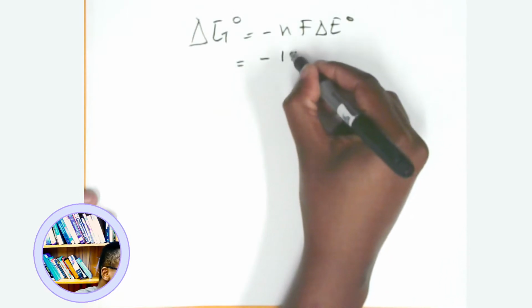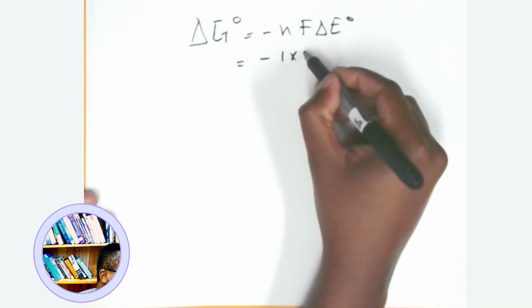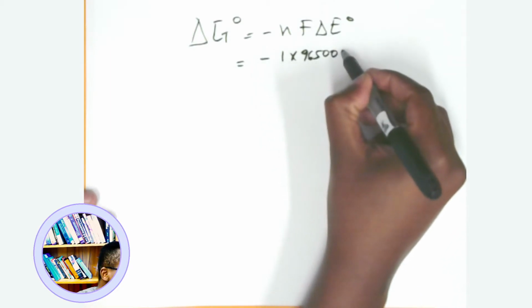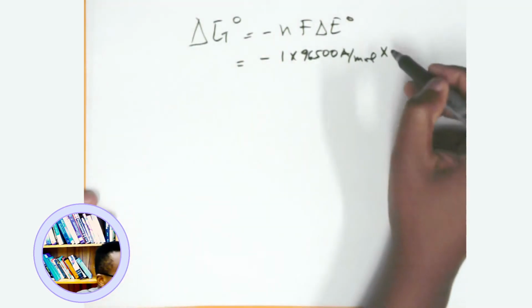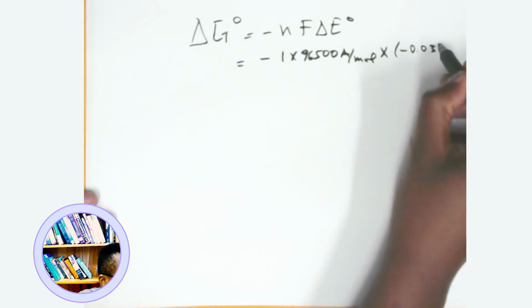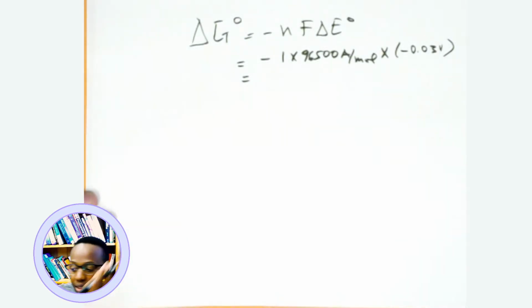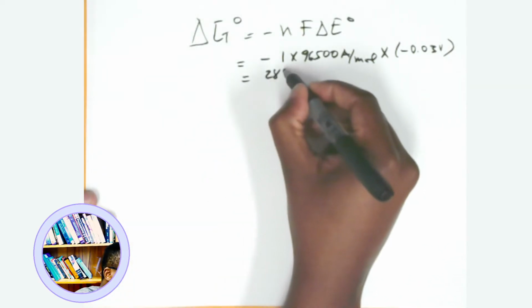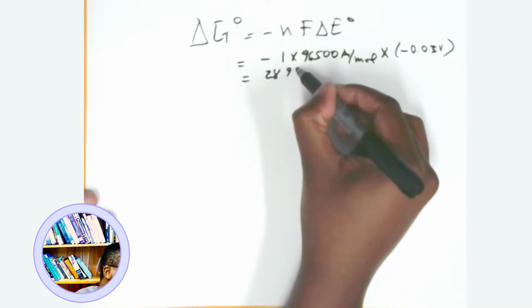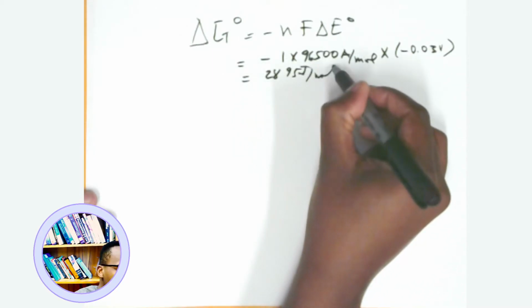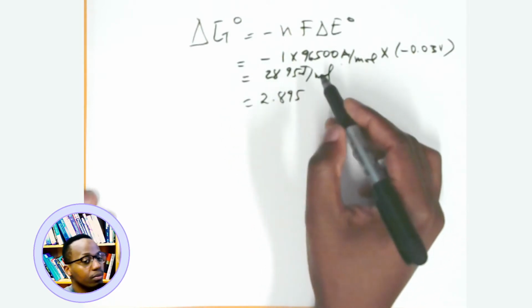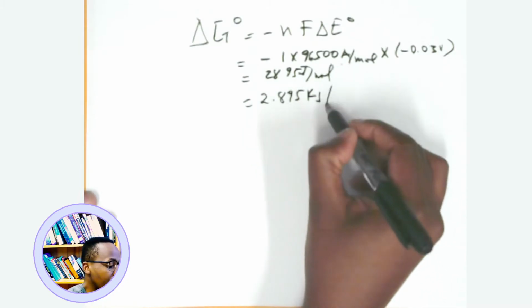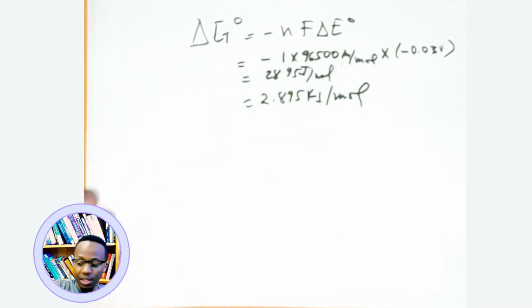So 1 times Faraday, the Faraday constant, 96500 per mole, times delta E, which is 0.03 volts. You just multiply, and it should be negative 2895 joules per mole, or 2.895 kilojoules per mole.